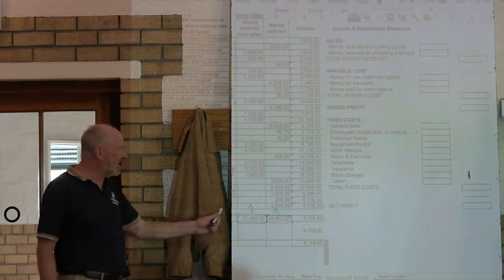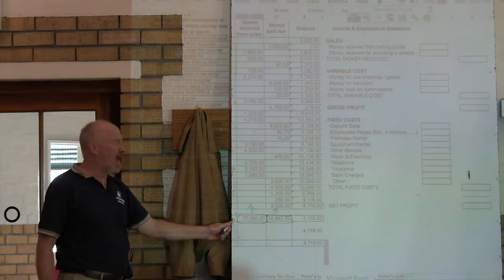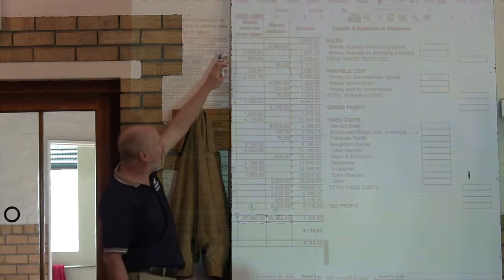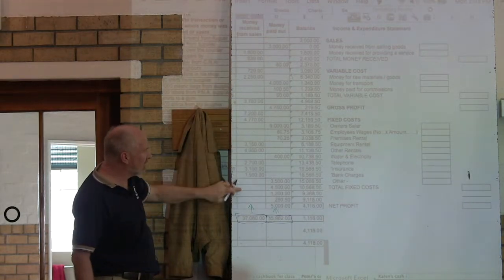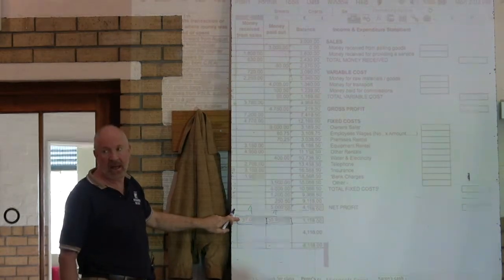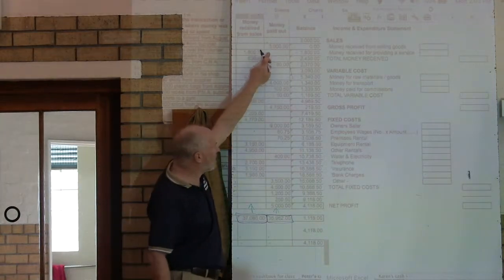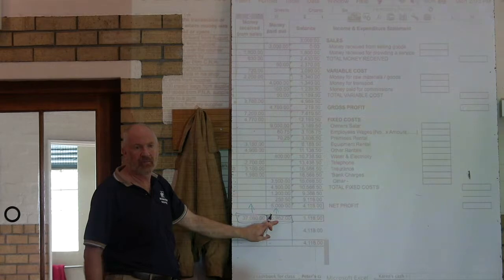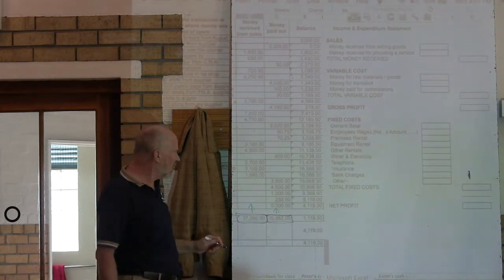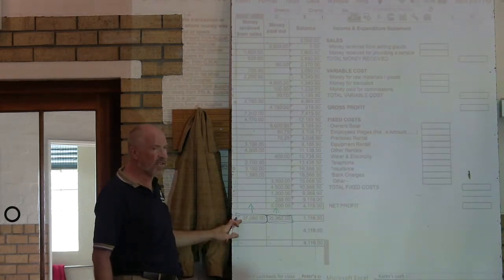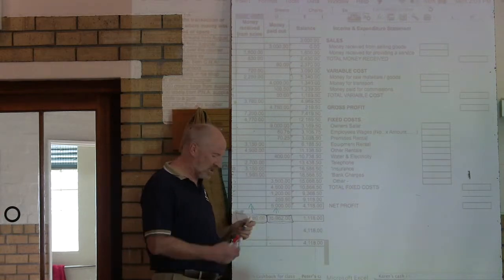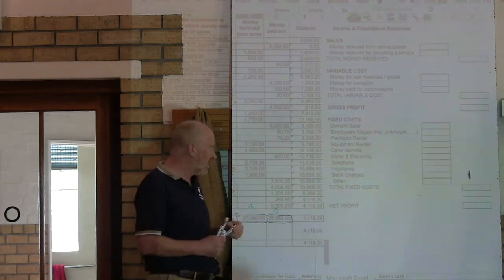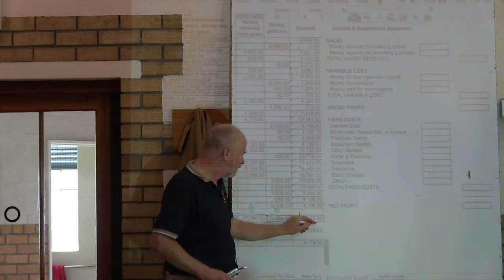Okay. So this is at the end of the month, and you have totaled up your total amount of sales and put it in there, and you've totaled up the total amount of your costs and put it in there. Okay? Then you would take your total sales minus your total costs, which would give you this figure here.